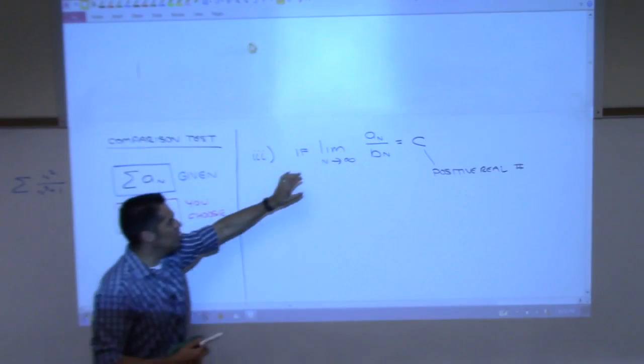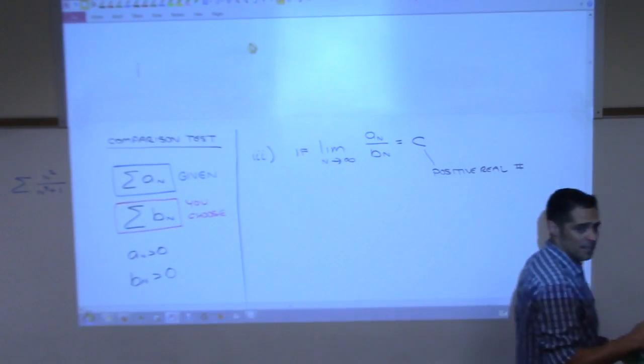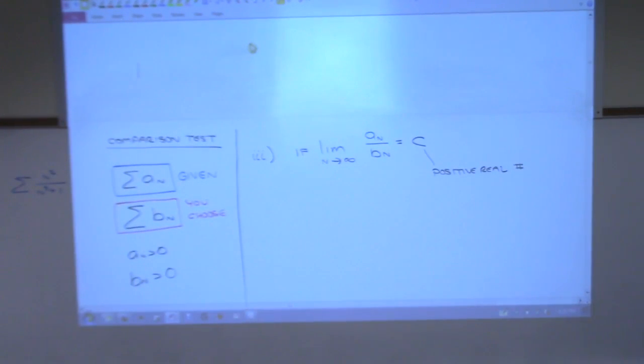If the limit of that ratio is a constant, then whatever happens, they do it together. So if one of them converges, they both converge. If one of them diverges, they both diverge. Huh? We have to see this in action, don't you think?